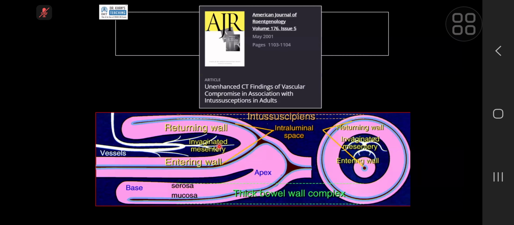It all depends on a CT scan, on the orientation of a slice which goes vertically like this. Here you will see two loops as in the target sign, etc. Here you will see the mesentery. Here you might see the leading mass.